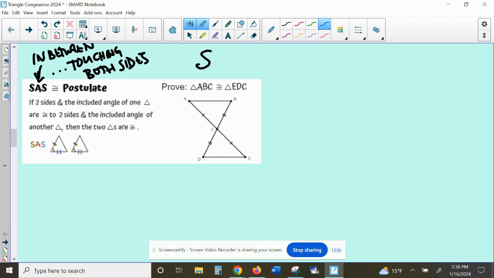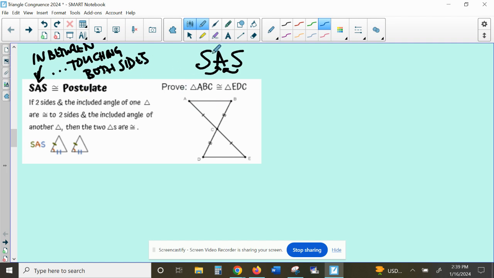So when you write S, A, S, do you see how the S is touching this A and this side is touching that same angle? So when you look at side, angle, side, in order to use it as a shortcut, these two sides have to be coming together right at this angle in our picture. And we're going to show you what that looks like.